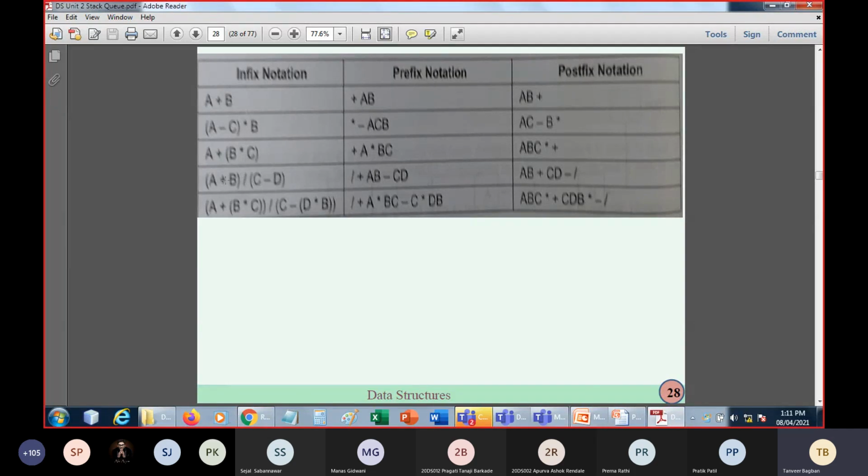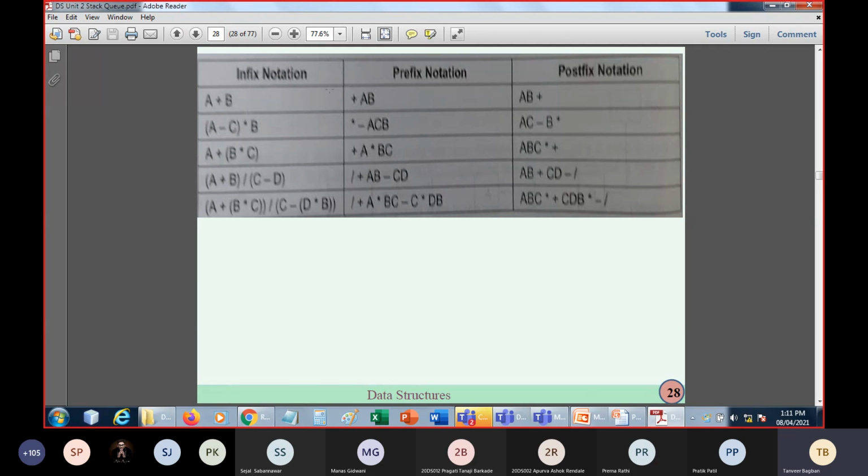So first plus AB, here minus CD, and then this division is taken out. So it is going to be division plus AB minus CD. Similarly, this expression is also converted into prefix notation.